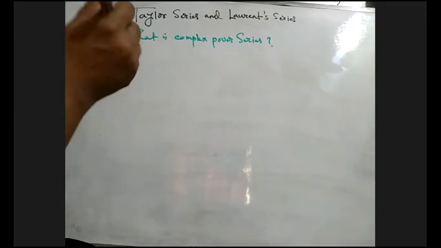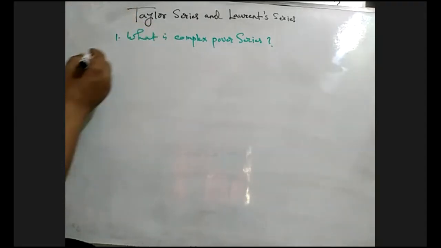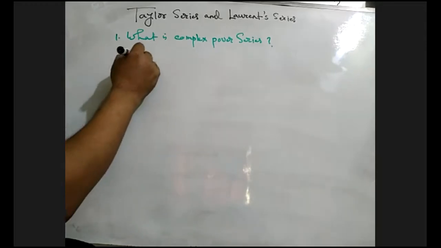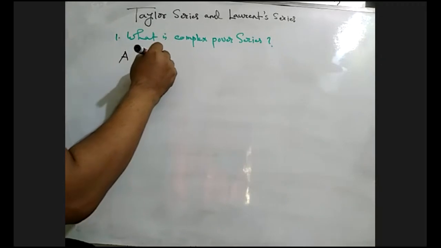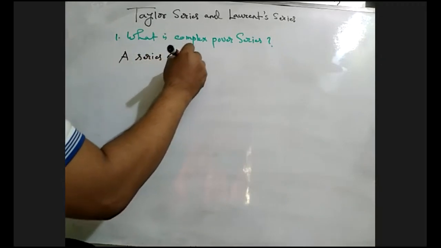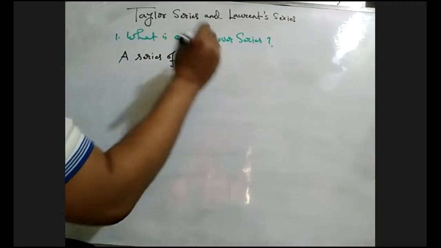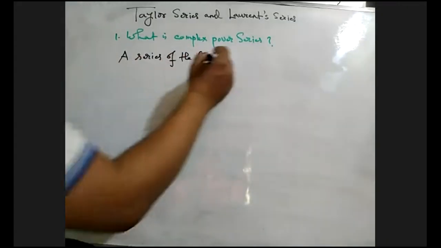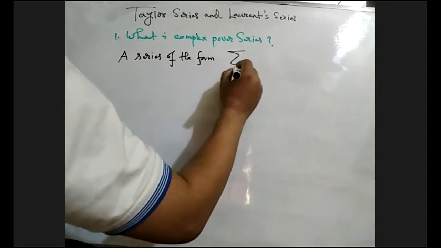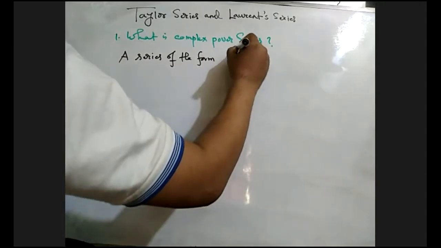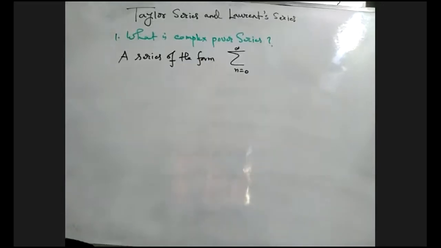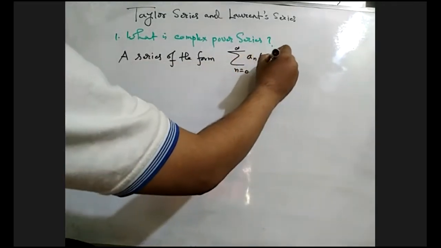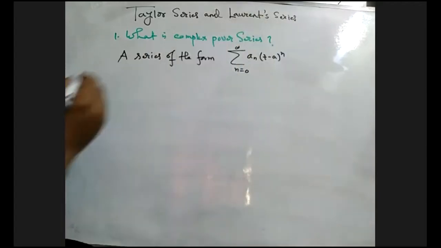of a complex function? A series of the form summation n equals 0 to infinity a n times z minus a whole to the power n.